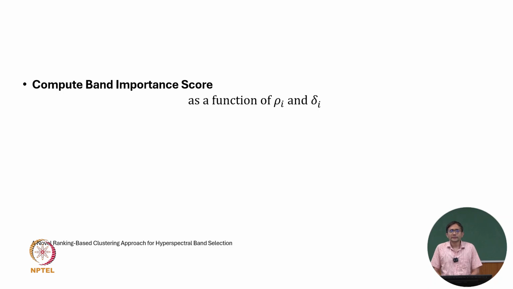Now, given this, as a function of these two terms, we can compute something called the band importance score. I'm not going into the details. Again, if you're interested, you can always read the paper.